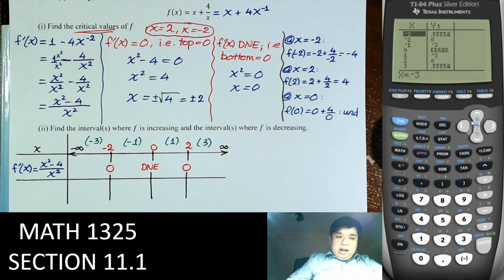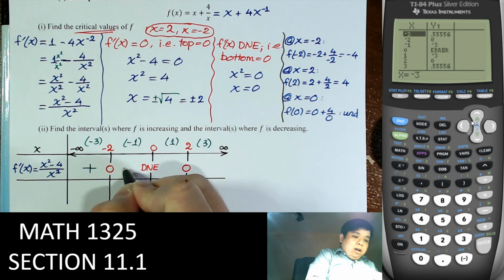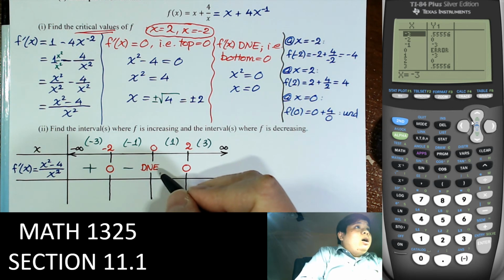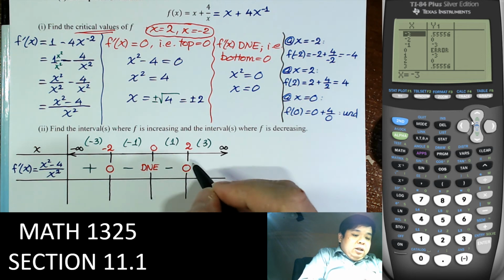Right, negative 3, it is positive. Negative 1 is negative. Positive 1 is negative, and 3 is positive.